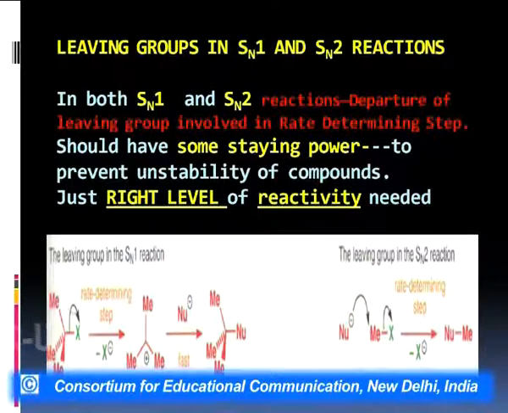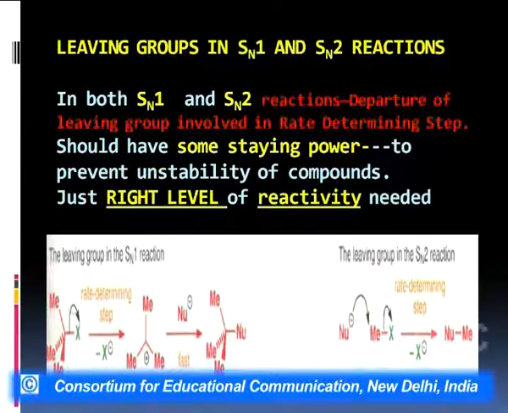The third point that we have to take into consideration, which is very, very important, is the leaving group. Now we know that the leaving group is involved in the rate determining step in both reactions, in the SN1 reaction as well as in the SN2 reaction.